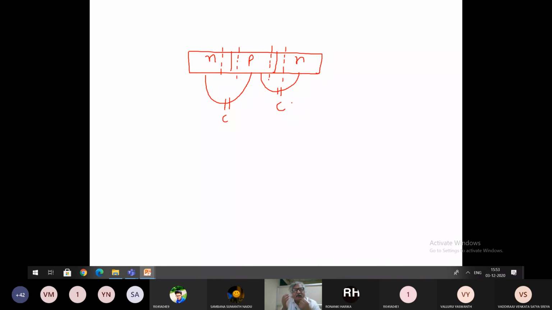So there will be a capacitance, right? Now these capacitances will also play an important role when you are using a signal for amplification, because if capacitance is there, then it will have some reactance also, and that reactance will depend upon the frequency of operation.